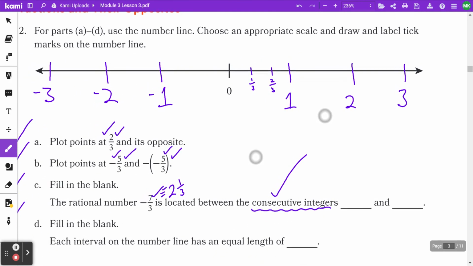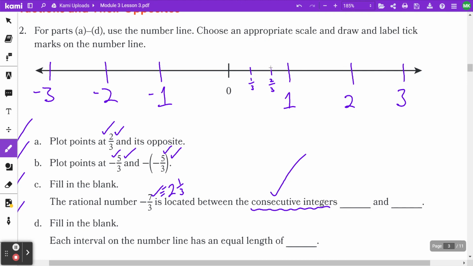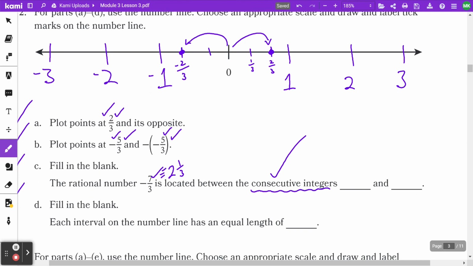All right, let me zoom out again. And I'm going to plot that 2/3 right there. But they want the opposite. So the opposite is going to be the same distance from 0 on the other side of 0. So that's this guy. And when they want plot, that means put a dot there. There you go. All right, so they're there. They are where they need to be.